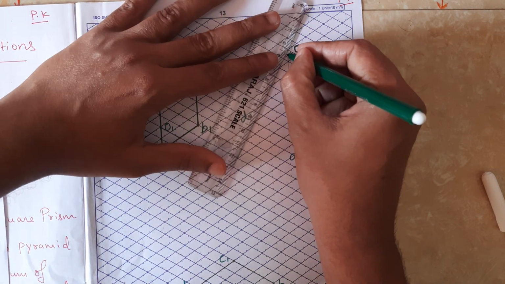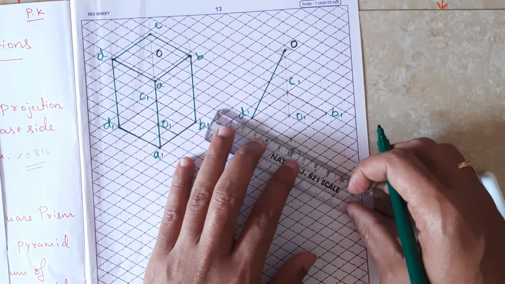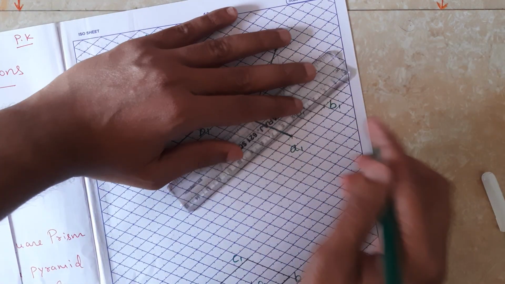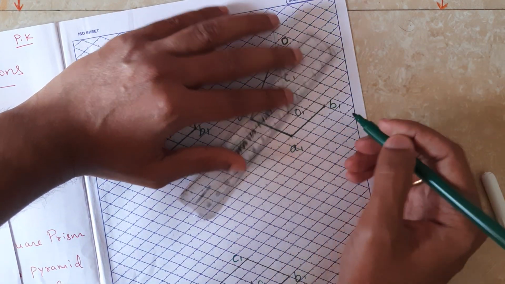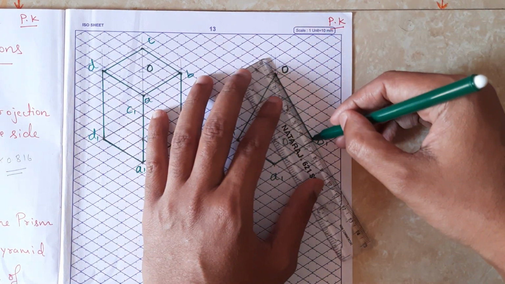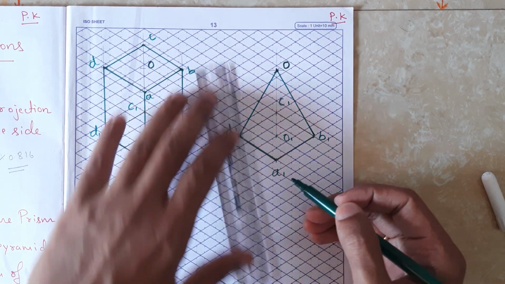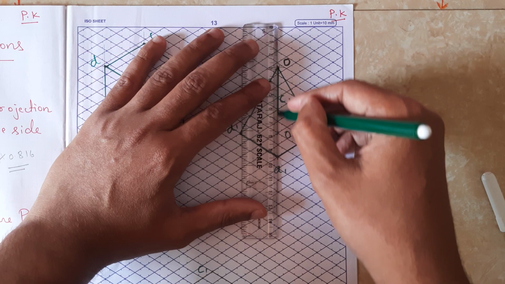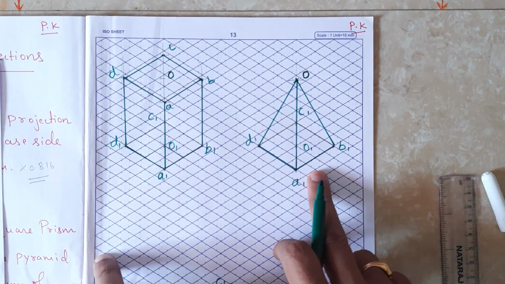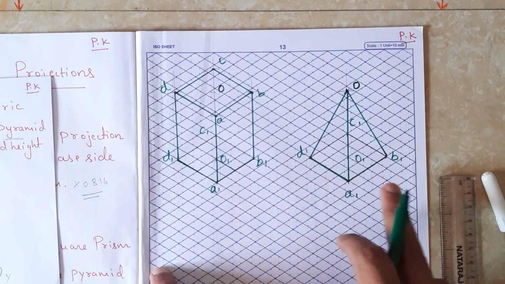That is D1 to O1, then D1 to A1, next A1 to B1, then B1 to O1. And also the corresponding slant edge from A1 to O1 will be dark. So this is the isometric projection of a square pyramid.